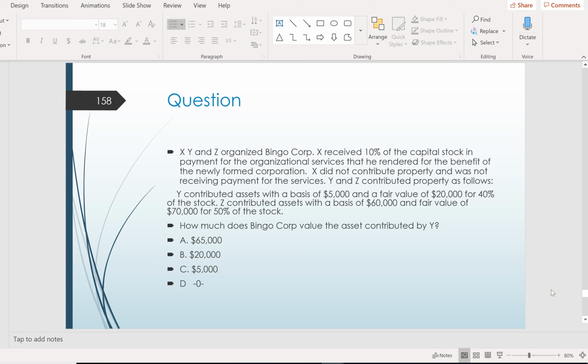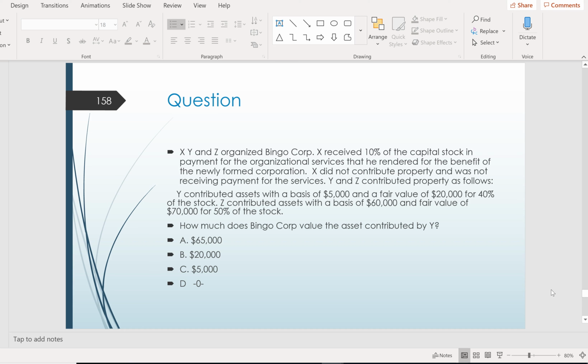And because they meet the 80% rule, the asset's going to transfer into the corporation and be picked up at the same basis. So this question is asking with the same facts, how much does Bingo Corp value the asset contributed by Y? Okay, not by Z, but we can answer the Z question too, because Z's asset had a basis of 60, and that's what the corporation's going to pick up. Corporation will pick up Z's asset with a basis of 60.